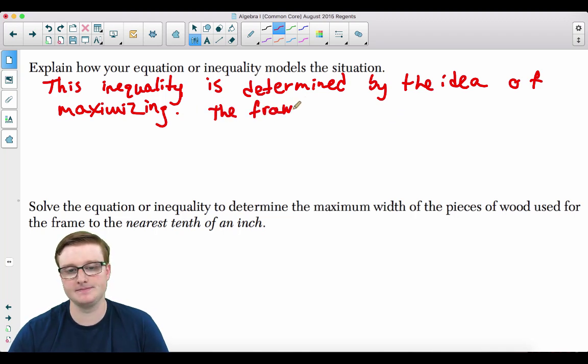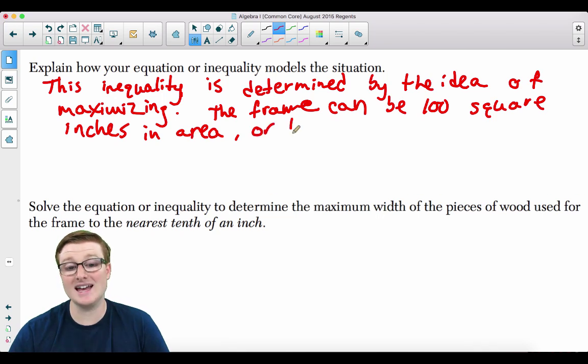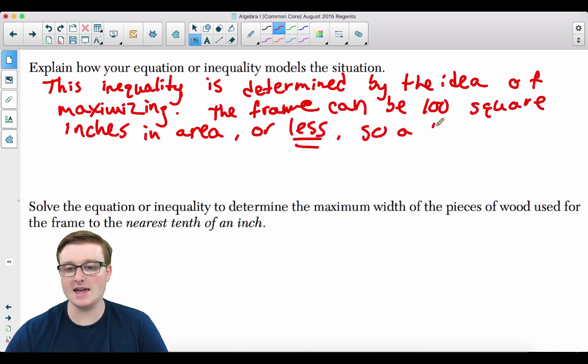The frame can be 100 square units, or sorry, square inches in area, or less than that. So a less than or equal to sign was used.